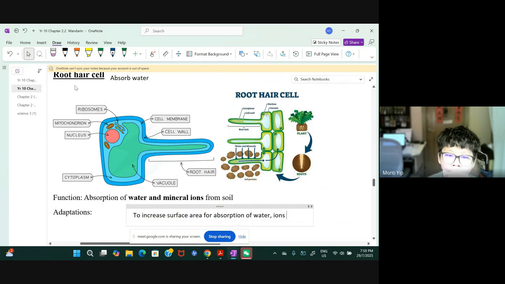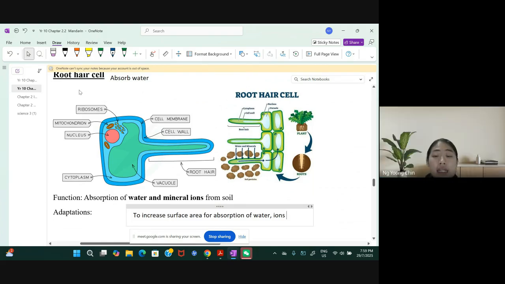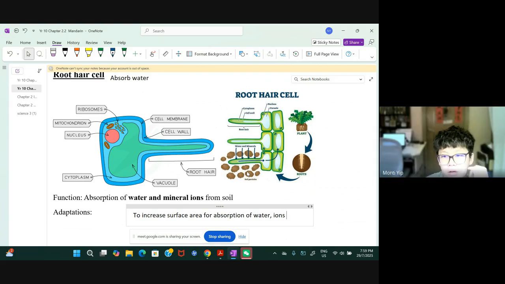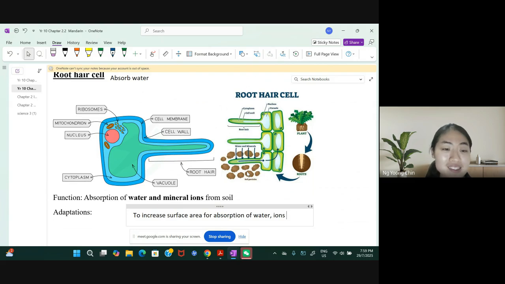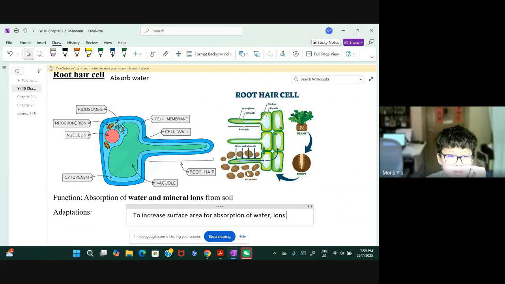And then see the root hair, right? Inside they have the cell wall, the root hair, and this vacuole. You can see, inside the root hair cell, do they have chloroplasts or not? Do you see chloroplasts inside the root hair cell? Where are the chloroplasts?